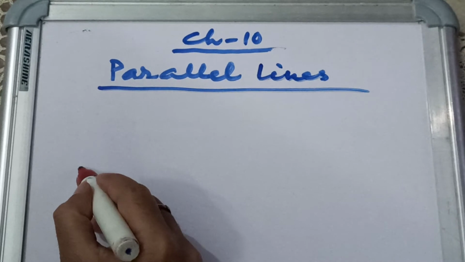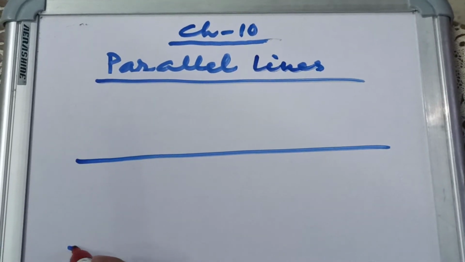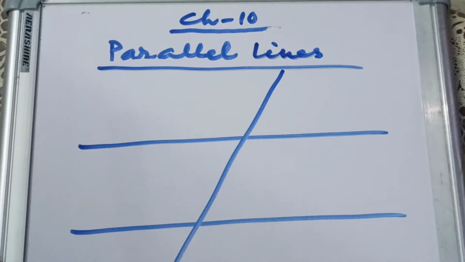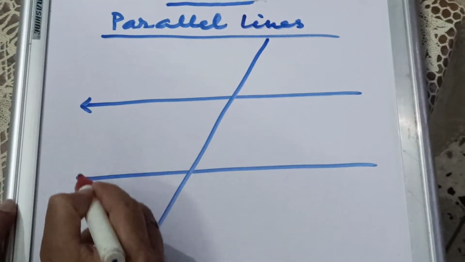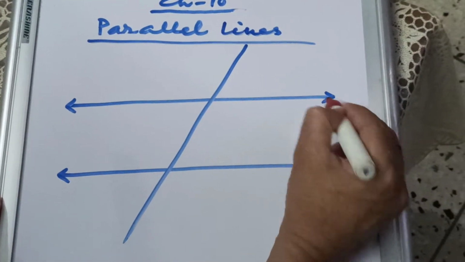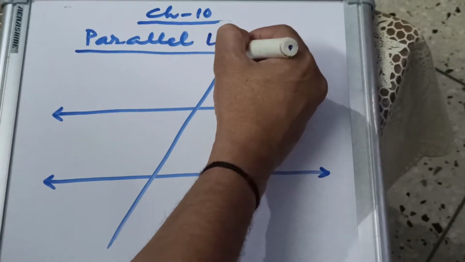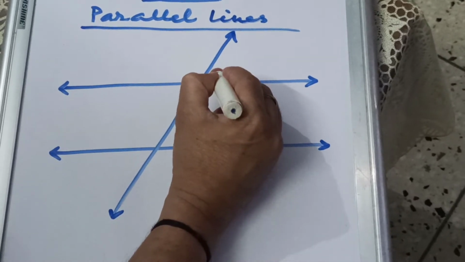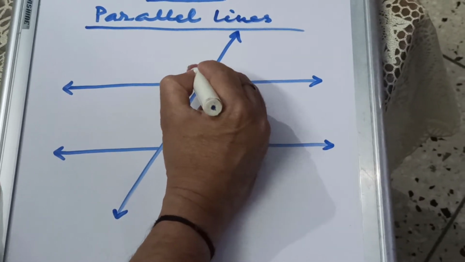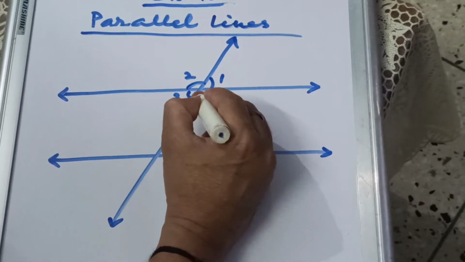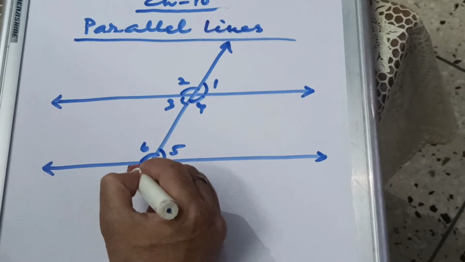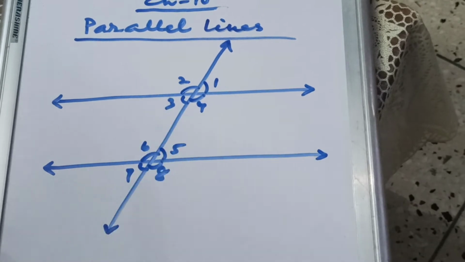See, that is the parallel line, that is the transversal, naming angle 1, angle 2, angle 3, angle 4, angle 5, angle 6, angle 7 and angle 8.